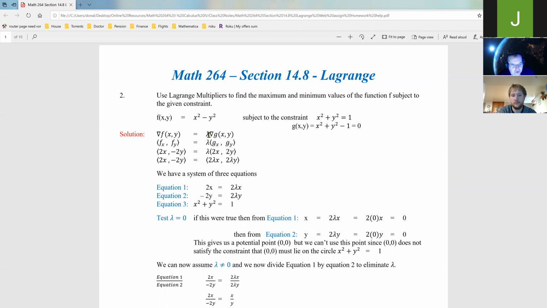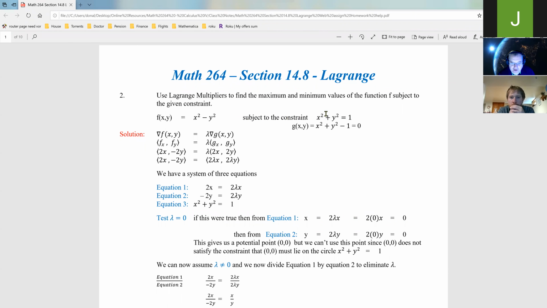Now, for instance, when you make lambda equal 0, the first situation, what I'm doing is just finding the good old-fashioned local max and mins of that function. So when you shrink the thing down to nothing, the constraint doesn't matter at that point, and you're asking what would be the local max and min.